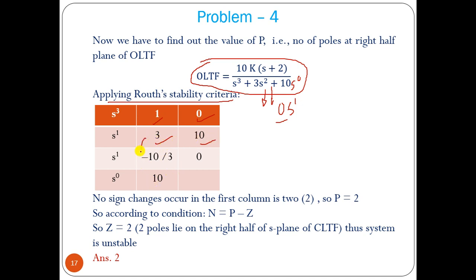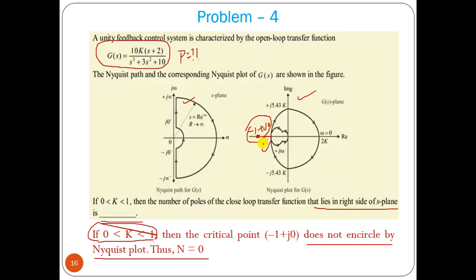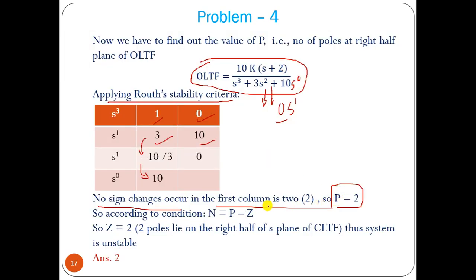So we have 2 sign changes. The number of sign changes in the first column is 2. So P equal to 2. The number of right half plane poles is 2. Two poles are there in the right half plane of this OLTF, and encirclement is 0, but P equal to 2. So from the Nyquist stability criterion, P equal to 2, N equal to 0, so Z equal to 2.